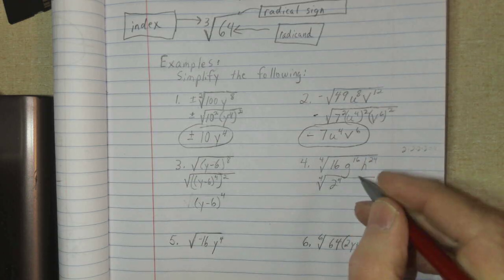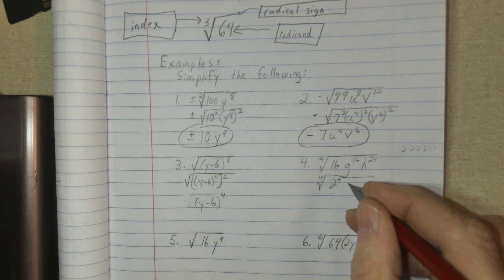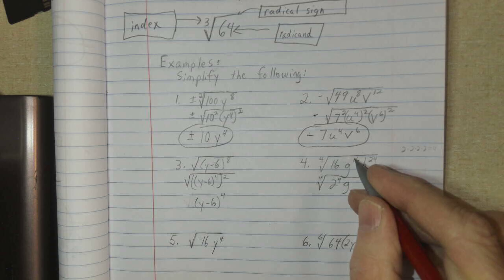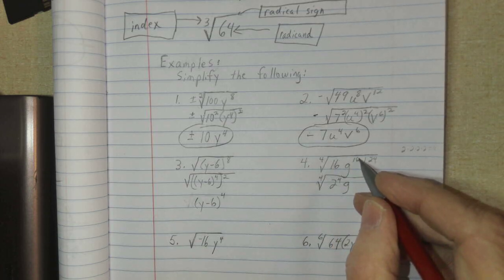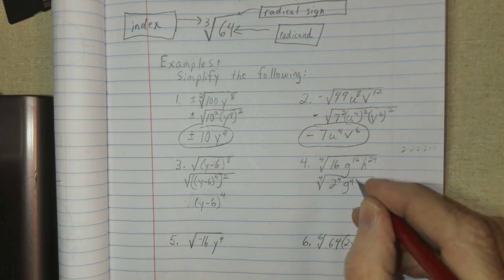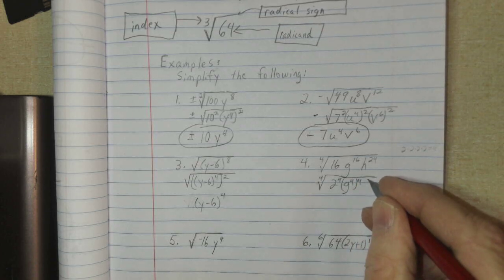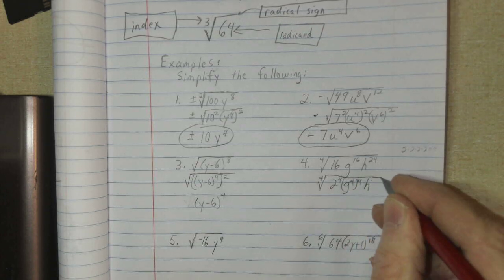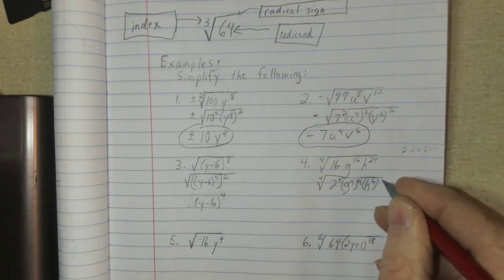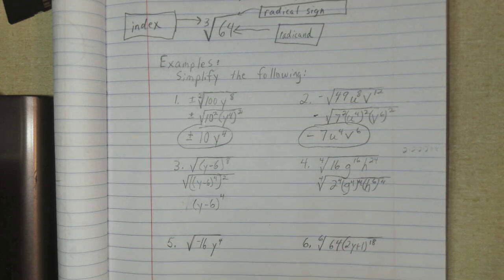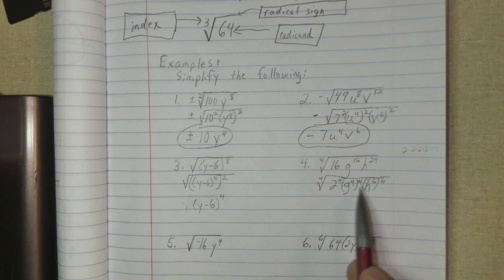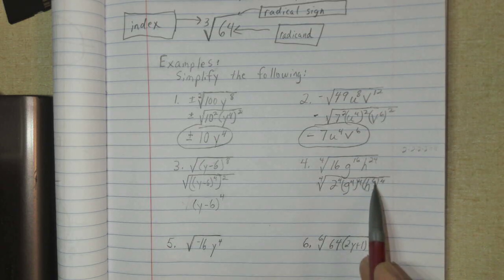And then with my powers, with these variables, I need what times 4 is 16. I think it's 4 times 4 is 16. So g to the 4th to the 4th, and then the h to the 6th, raise that to the 4th power. And 6 times 4 gives me 24.